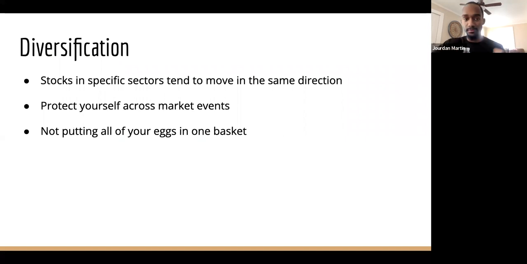Now, diversification works really when you're trading and when you're investing, right? And the big difference between trading and investing is trading is active and investing is the longer term, more of a passive approach, right? So you want to look at the fact that stocks that are related or in the same sector, same industries, oftentimes move in the same direction. So when you're looking at things like Apple, Microsoft, Amazon, those big tech companies, they don't move the exact same, right?